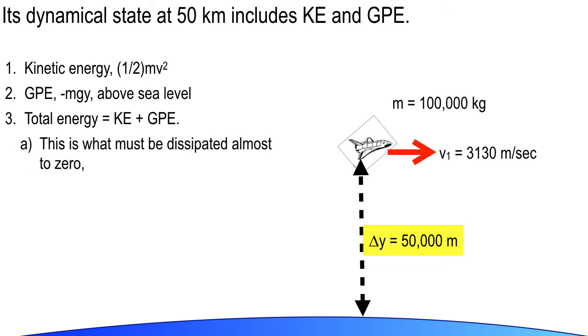And when we calculate that number, that's the stuff that has to be dissipated almost to zero. You can't dissipate all of it, because you still have to have some to go on the landing strip. But we're going to do the landing strip too, and we'll figure out how much energy it has to retain.